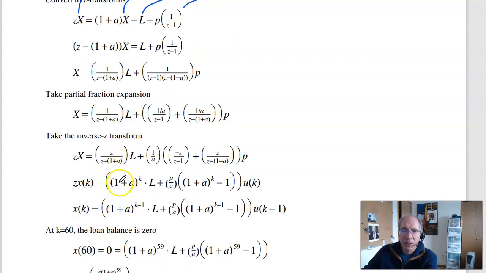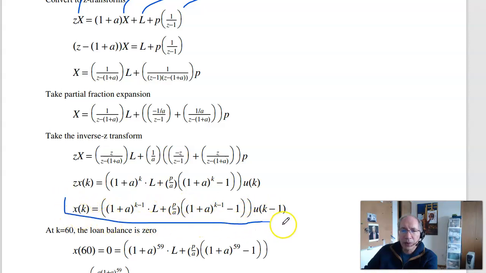So this is 1 plus a to the k times my loan amount plus, pulling out a p over a, times minus 1 plus 1 plus a to the k. Delay everything by 1, divide by z, and I have x of k is all this delayed by 1.